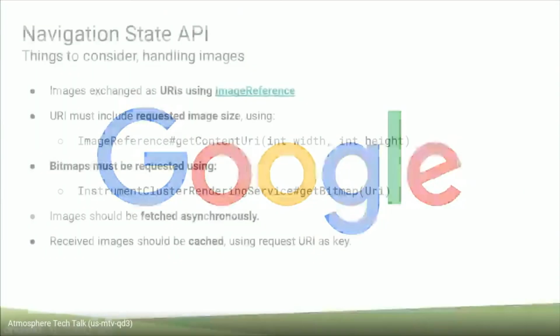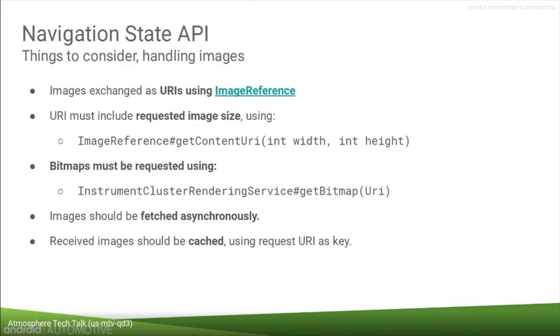A couple of things to notice in the case of handling images. Because the applications are going to be sending these updates very frequently, they are not going to send the bitmaps directly on the object. They're going to send URIs to those objects, and in order to actually obtain the bitmap, you're going to use the getContentURI method on the image reference you're going to get.